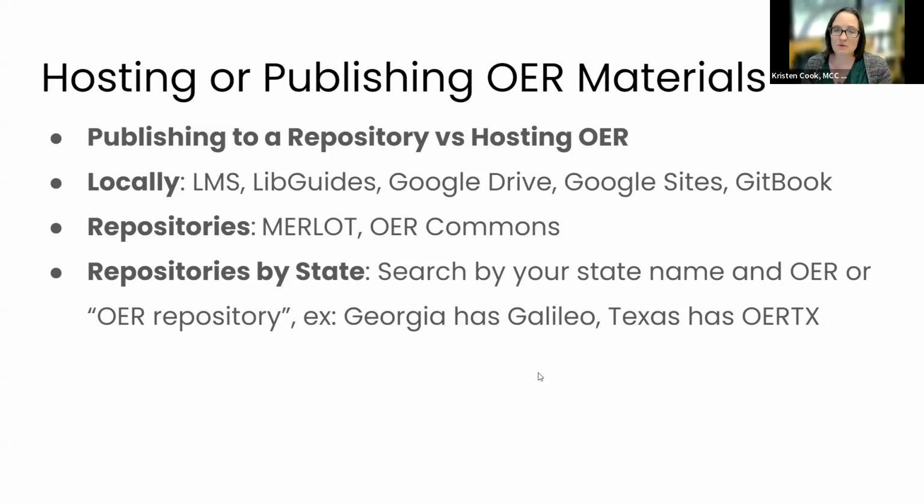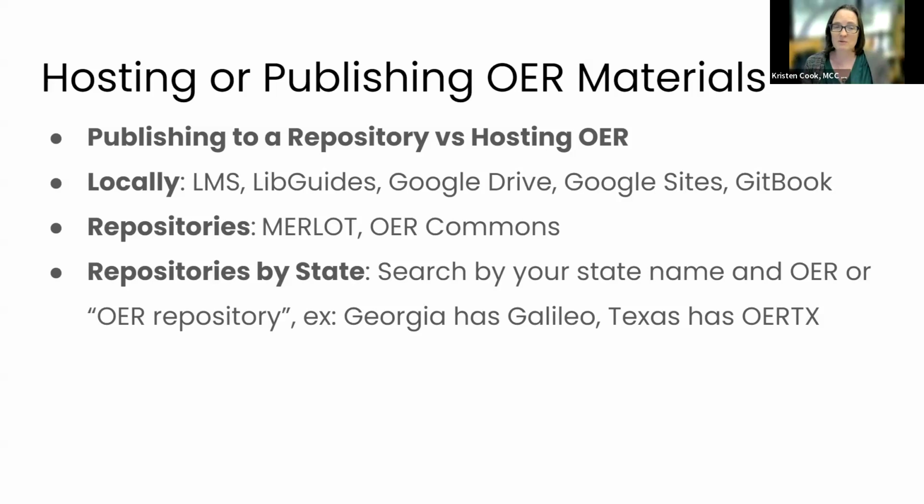Repositories are like Merlot or OER Commons. OER Commons is a really great place to go to find OER, to list your OER, to create it. Your state might have an OER group within the OER Commons. Texas has one called OER Texas. So you could search and see if your institution, a neighboring institution, or your state has an OER group, or it's called a hub in OER Commons.